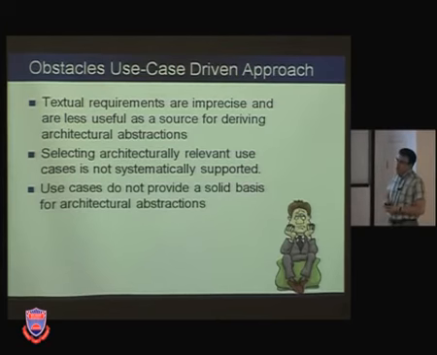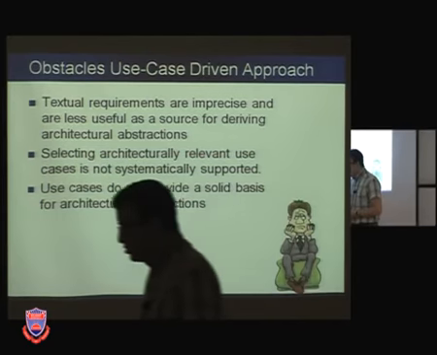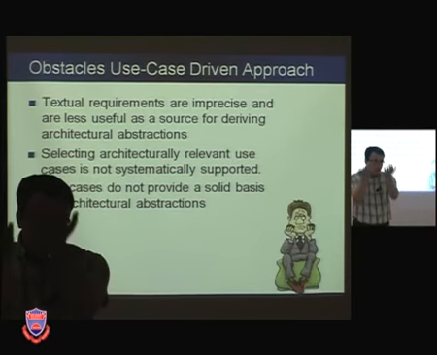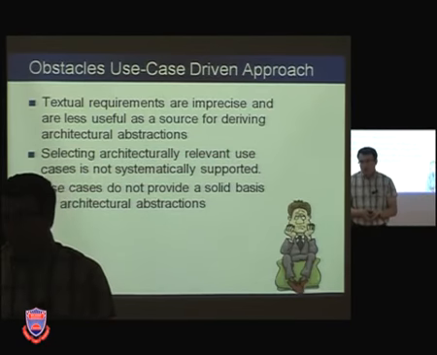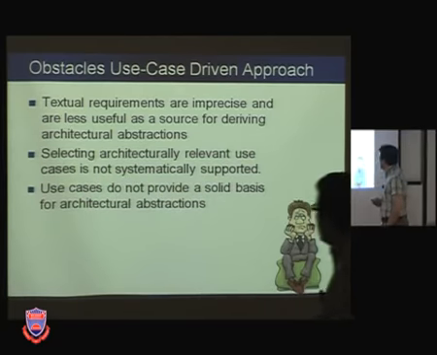The requirements, textual requirements or use cases, are imprecise. Selecting architecturally relevant use cases is actually not systematically supported. We talk about use cases, but use cases can be at different granularity levels. So how do you select the architecturally relevant use case?